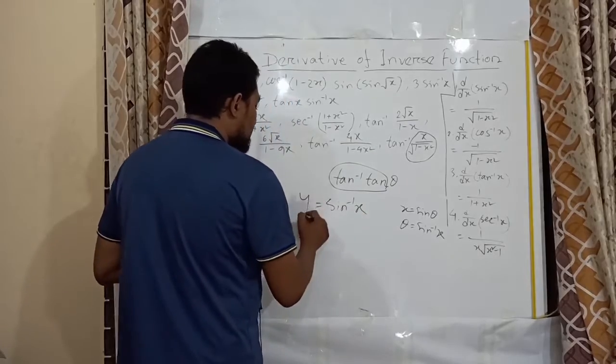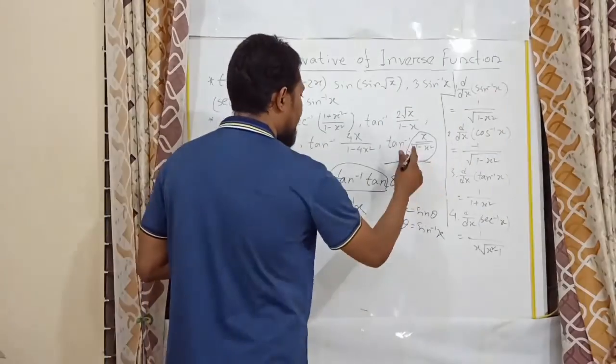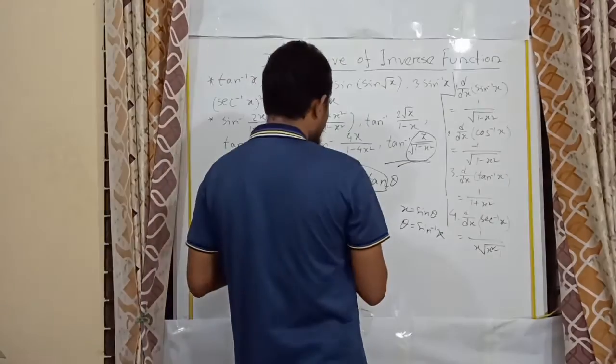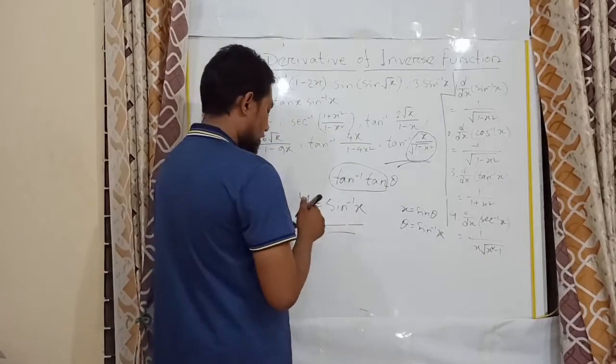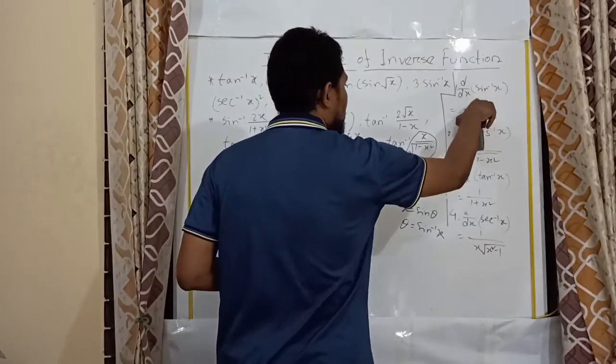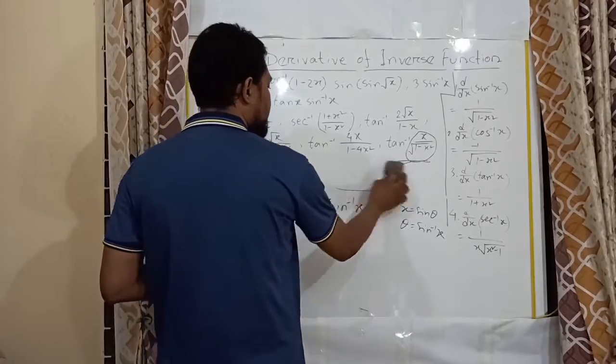So now we have simplified our math. If we now differentiate sine inverse x, we will get our answer. I have already written that the derivative of sine inverse x equals 1 by root over 1 minus x square.